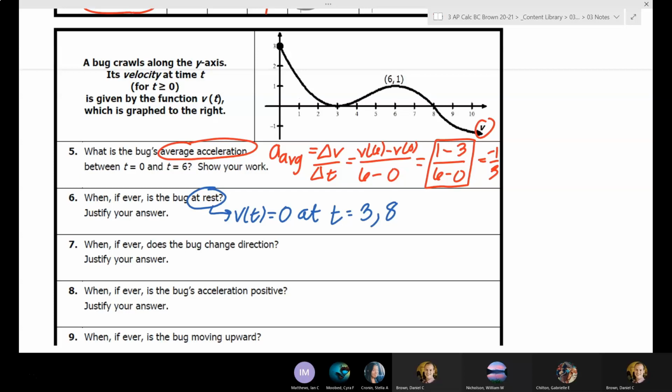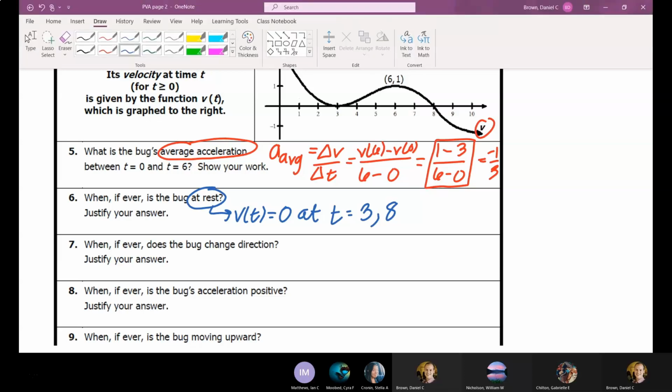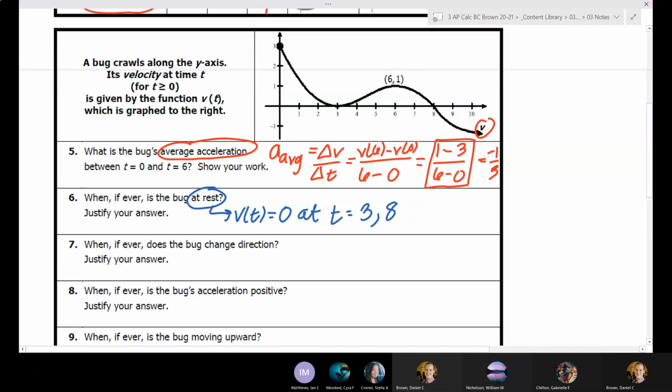Number 7, when, if ever, does the bug change direction? Looking at this, where would you say the bug is changing direction, if ever? Either someone at home or in here. When time is equal to 8. When the time is 8, and that is correct. So we can say, when does it change direction?